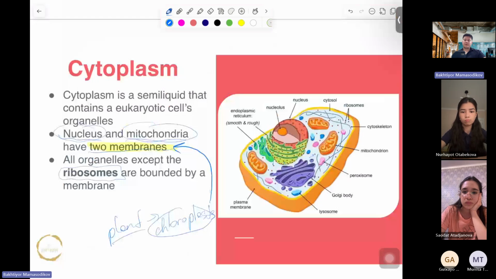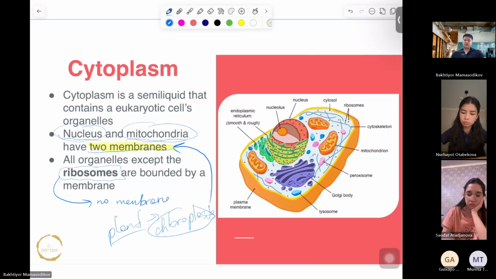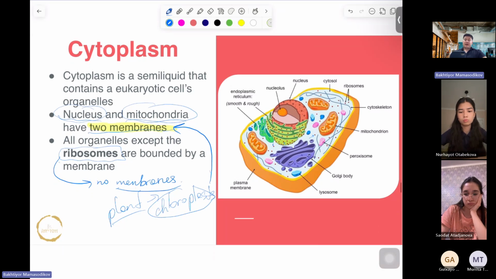Function of the ribosome, come on. Protein synthesis. Protein synthesis, yes. In the ribosomes, we have no membranes. No membranes, okay?